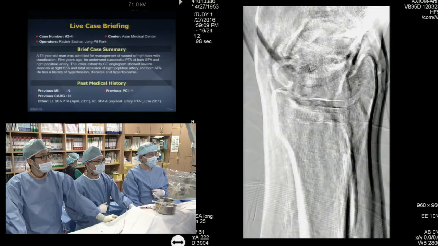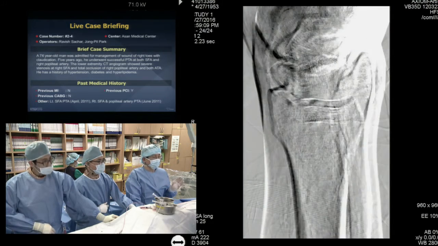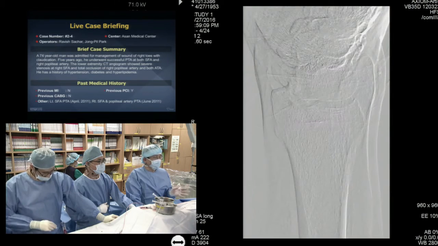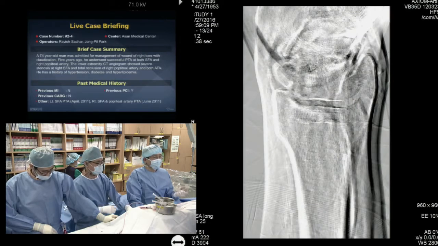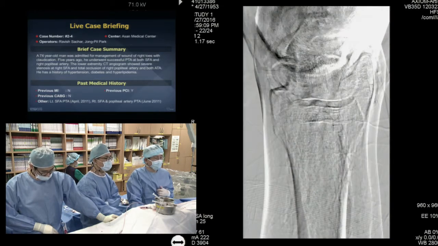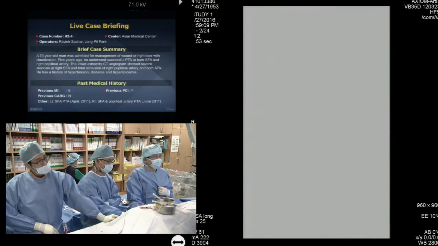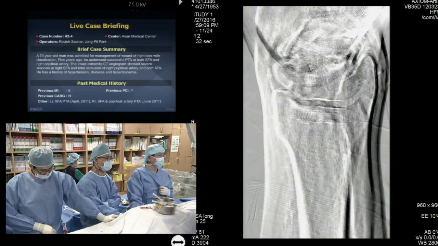The patient is moving, so it's not a good picture, but anyway, ATA has just stenosis, not occlusion. So the first step I have to do is fix the stenotic lesion on the ATA by angioplasty, and see what I can do after that. So what do you think? Is there any comment for this?